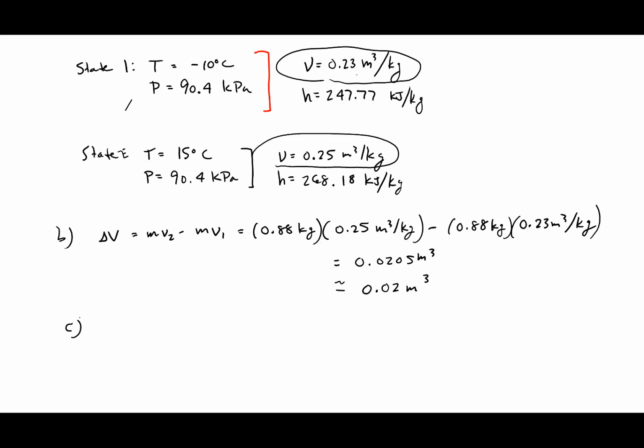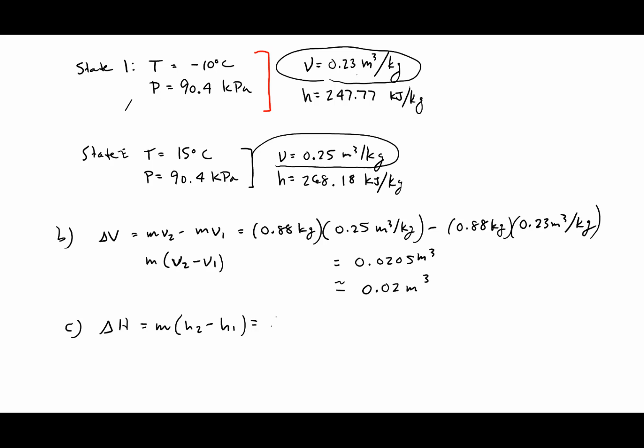Let's do C. C is asking for the change in the total enthalpy. This is equal to, as we did here, the mass multiplied by the specific volume at state 2 minus the specific volume at state 1, so I'm going to do that for the enthalpy: mass multiplied by the enthalpy at state 2 minus the enthalpy at state 1.